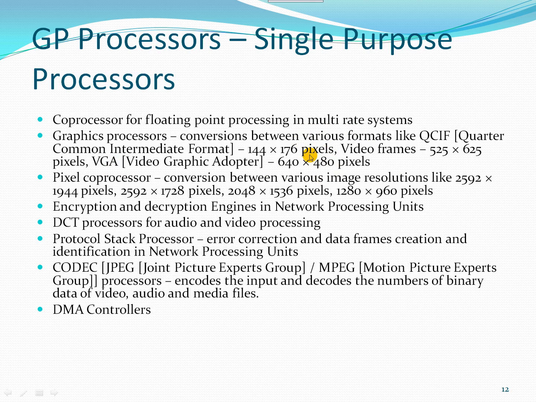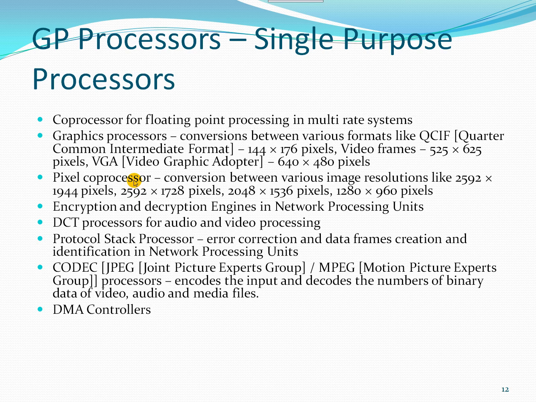Conversion between these formats will require a separate processor for graphics applications. For this also we may be having some special processors, and pixel coprocessors for use in digicams. Pixel coprocessors are needed for converting the raw image into a compressed image like JPEG.